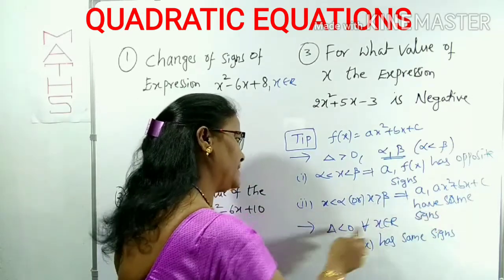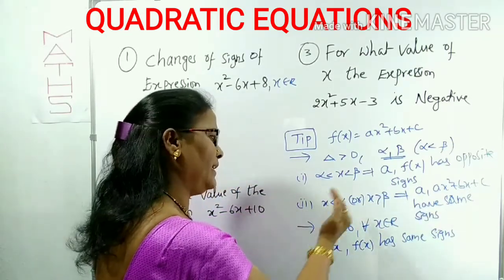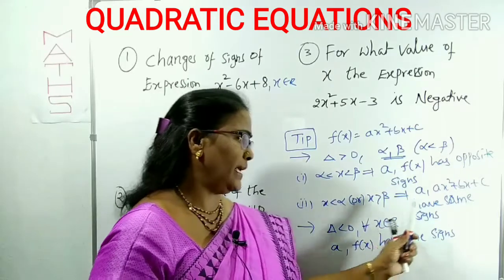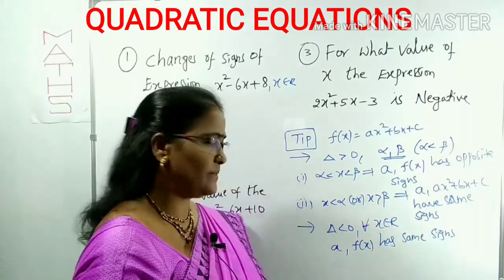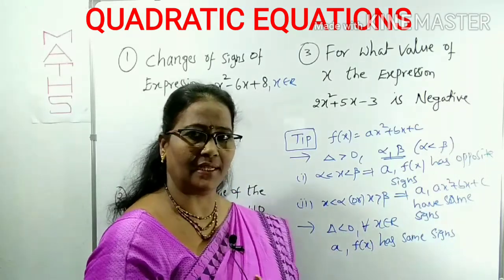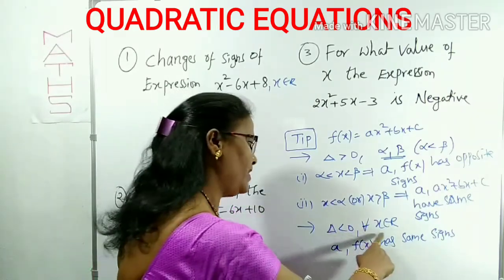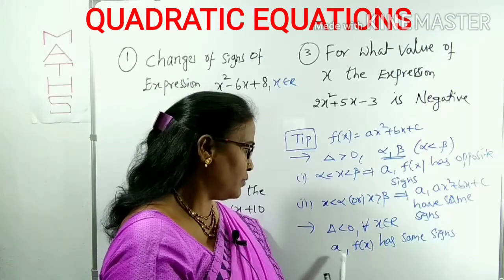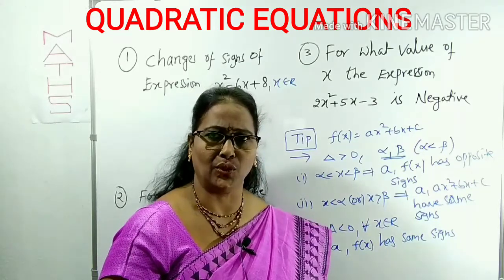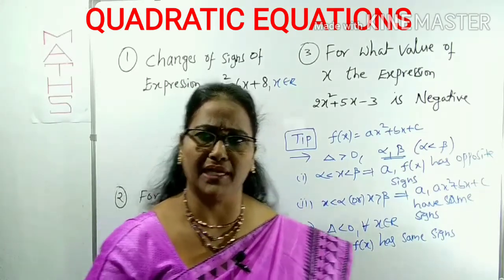And they have the same signs when x is less than alpha or greater than beta: a and ax squared plus bx plus c have the same signs, in case of delta greater than 0. In case of delta less than 0, for every real value of x, both have the same signs only. That you have to remember, that's enough.